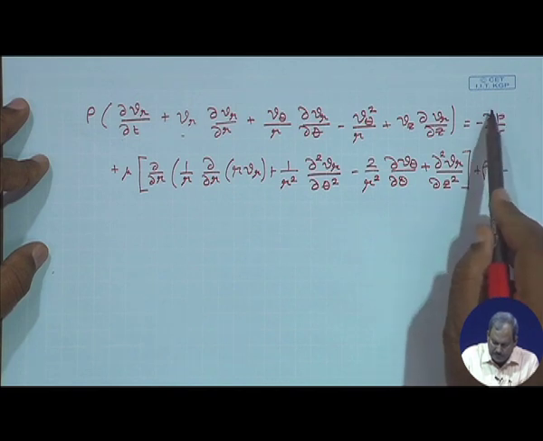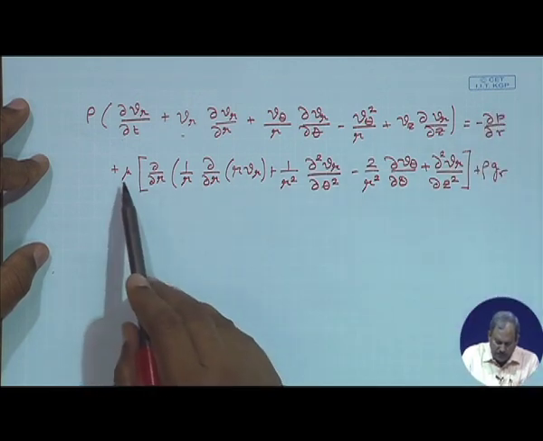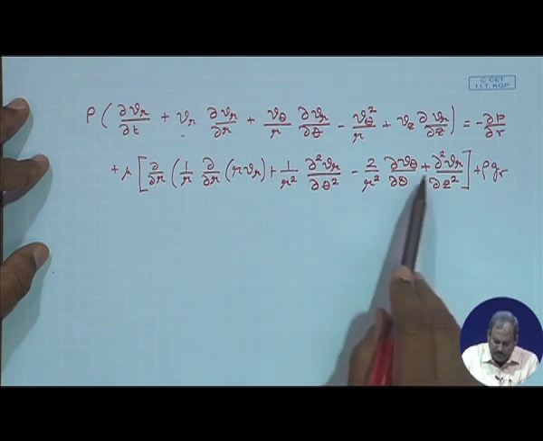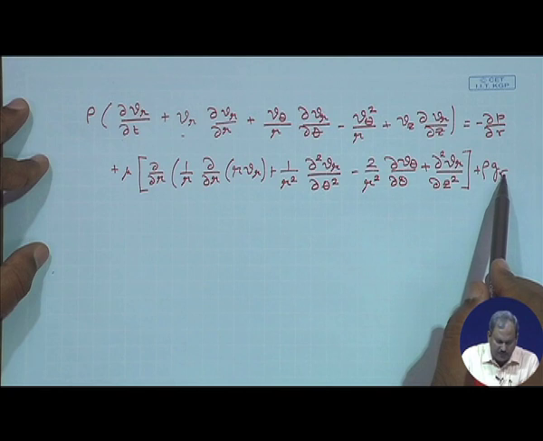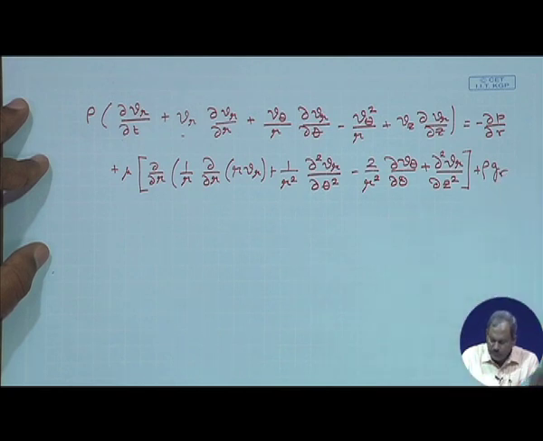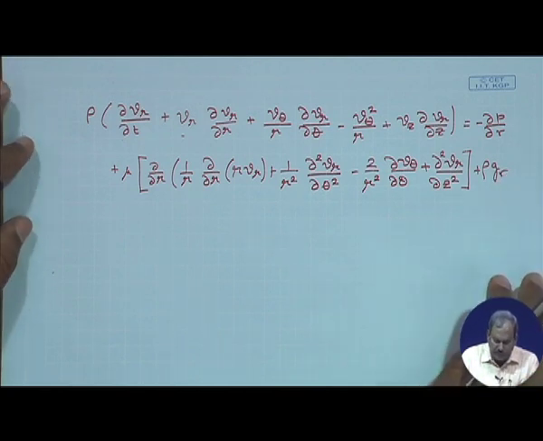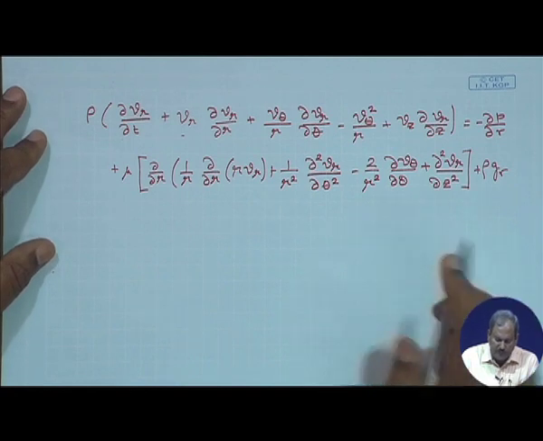This is the pressure gradient in the r direction. What you have next are the four viscous transport of momentum terms, and then you have a body force term. As before, we are going to see which of these terms can be neglected.